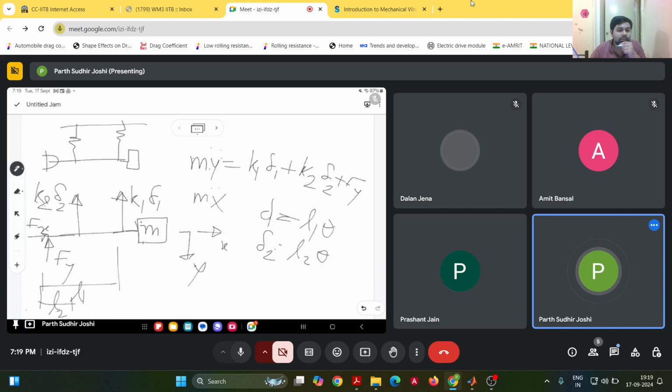Now we can write the equation of motion in the y direction. In the x direction, we assume it to be negligible, so we can neglect the equation of motion in the x direction.